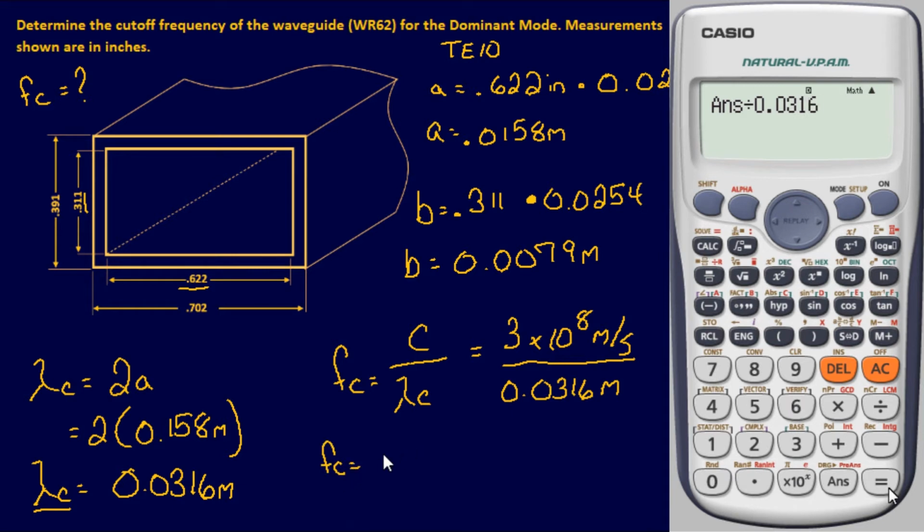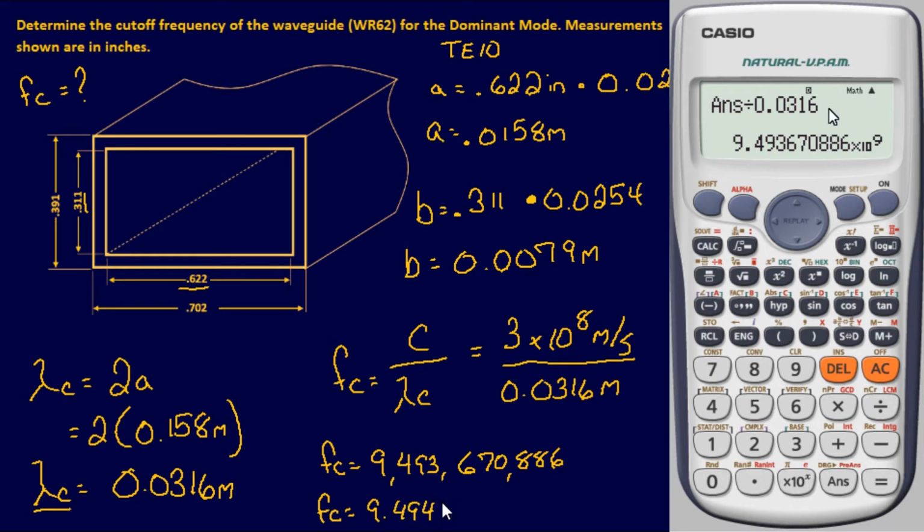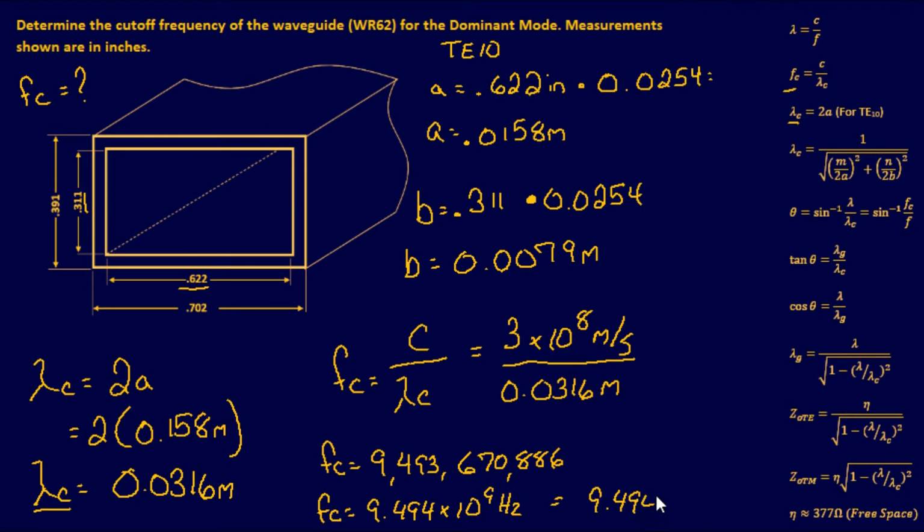Without engineering notation, it's going to be 9,493,670,886. And if we change that to engineering notation, it's going to come out to be 9.494 times 10 to the 9 hertz, or in this case, 9.494 gigahertz. And that is your final answer. And that will be your cutoff frequency for a WR62 waveguide.